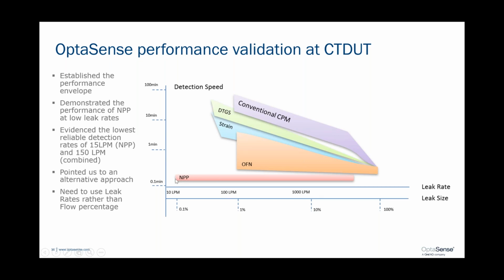For the negative pressure pulse, we've shown how we specify down to the sort of 15 liters per minute. That's about 0.1% in a typical transmission pipeline. The results we've shown even push that further down off the graph, but we try to be cautious here. The orifice noise, and these other modes, require around 150 liters per minute. So that's operating again around the 1% level on a transmission pipeline.